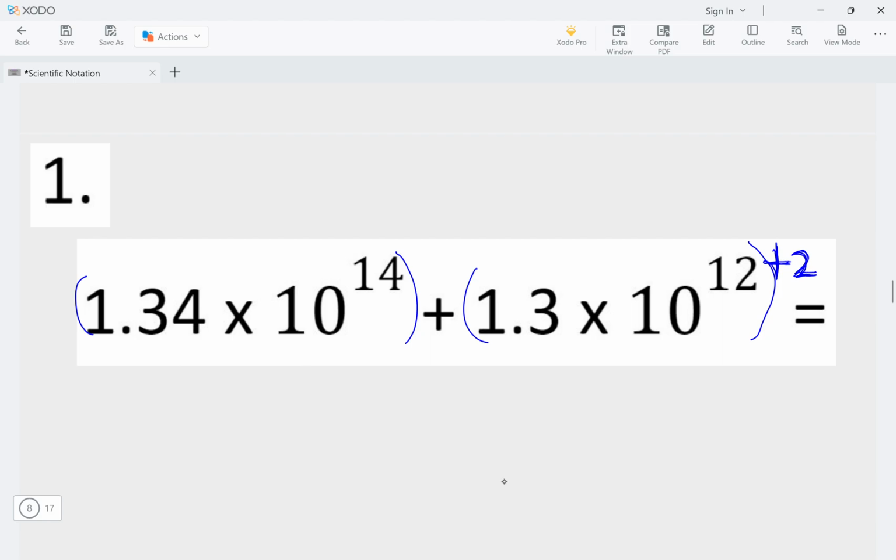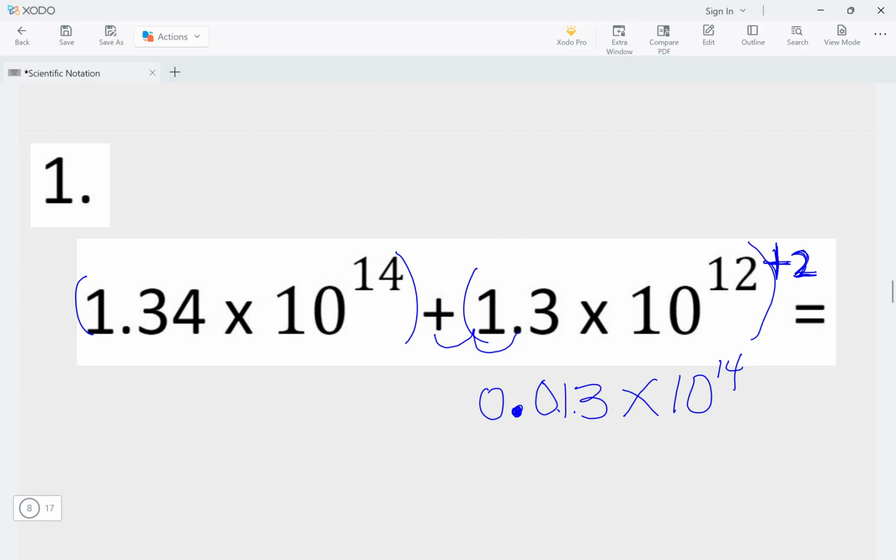So this number ends up becoming this number with 10 to the 14th. Because if I move this number once, twice, then this is where my decimal is going to be. But now at least I have the same powers of 10.